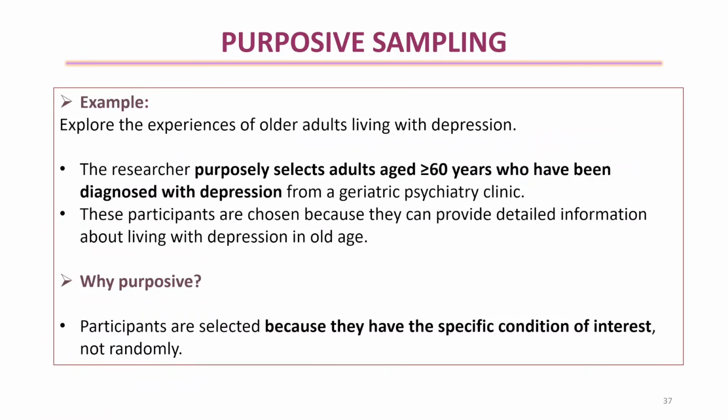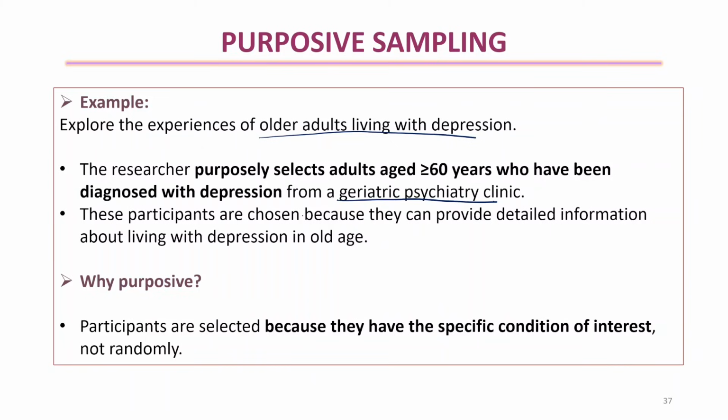Let's take an example. Suppose a researcher wants to explore the experiences of older adults living with depression. The researcher does not randomly select older adults from the community. Instead, only adults aged 60 years or above who have already been diagnosed with depression are selected from a geriatric psychiatric clinic.